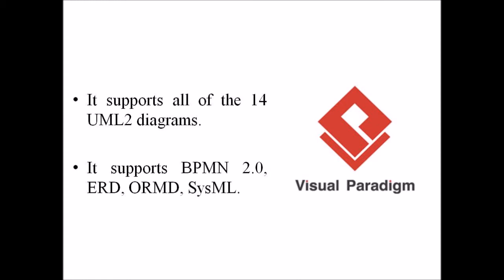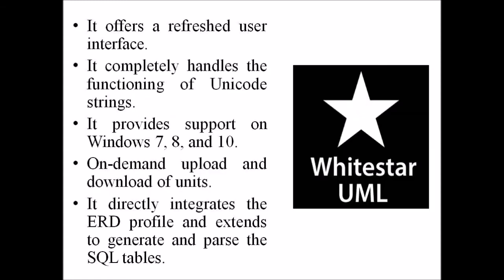Then comes the 7th one, known as StarUML. StarUML is a division of StarUML 5.0 that offers bug fixes and has improved its capability with the latest operating systems. That is, it supports Unicode strings, and it has been developed and tested on Windows 7, Windows 8 and the latest Windows updates.